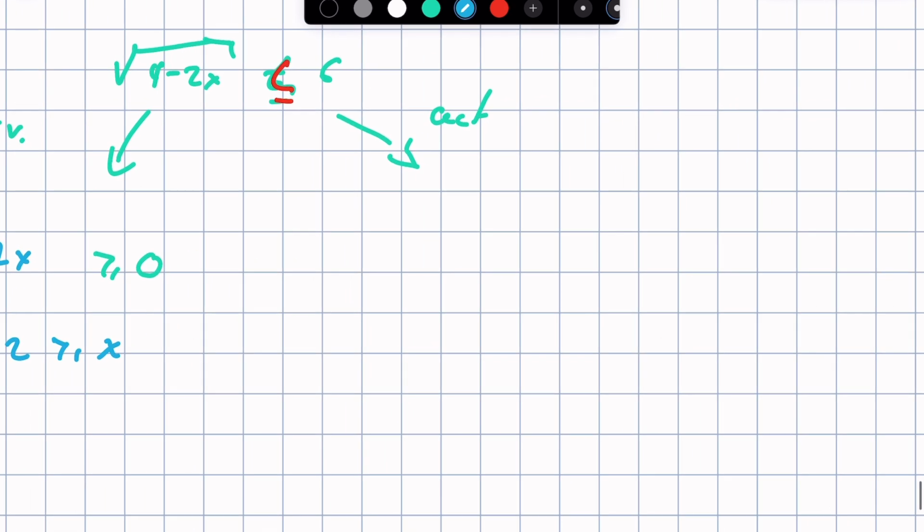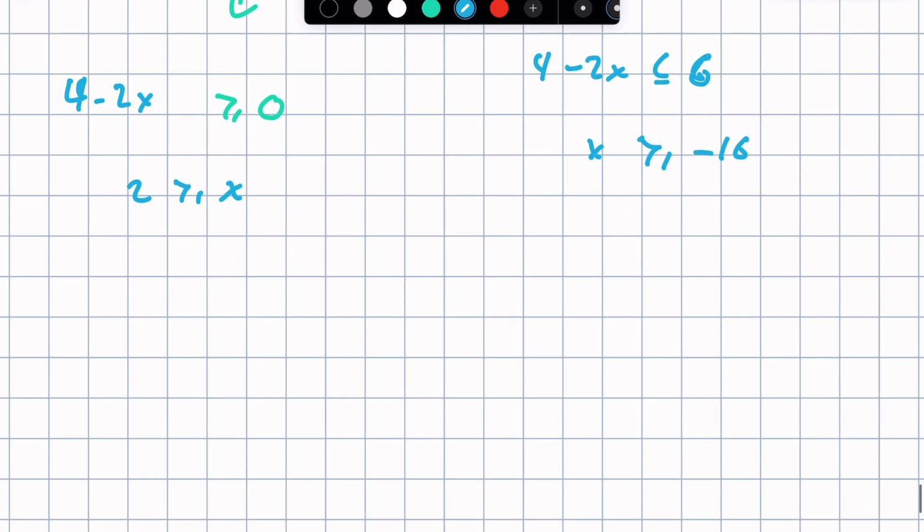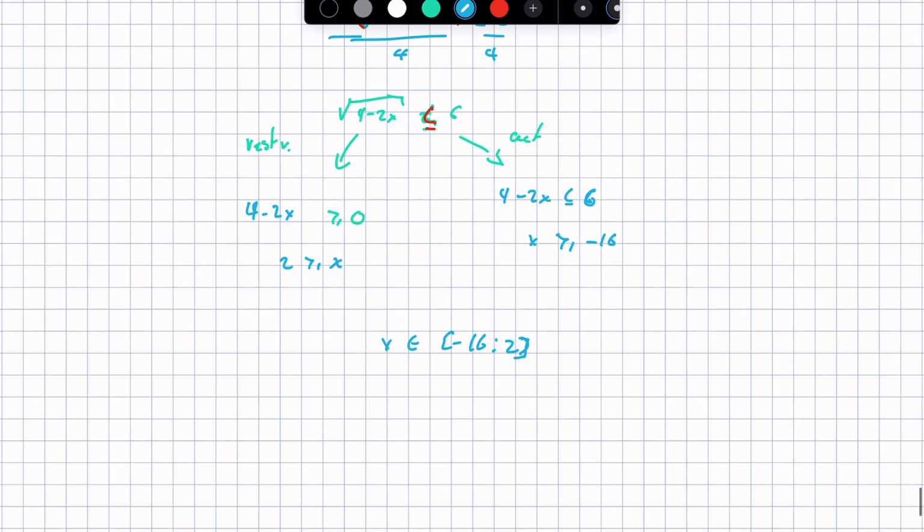And then the other one is plus grand que 6. So we're gonna follow this one in here. And it's simple.